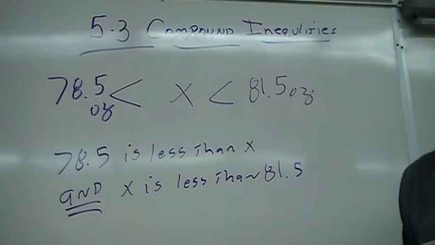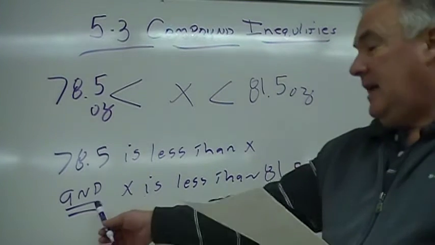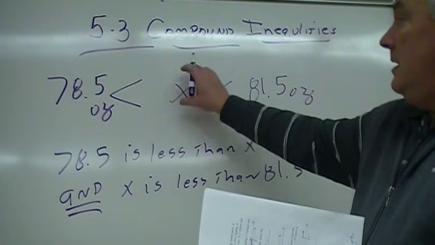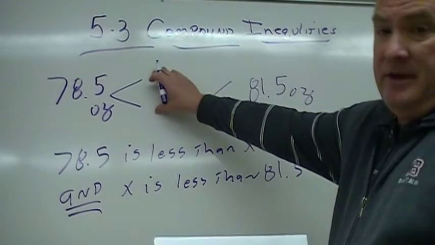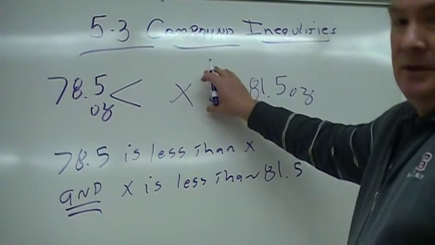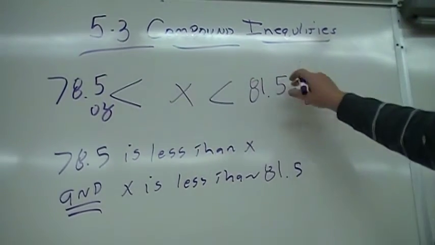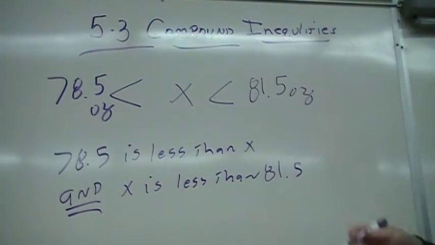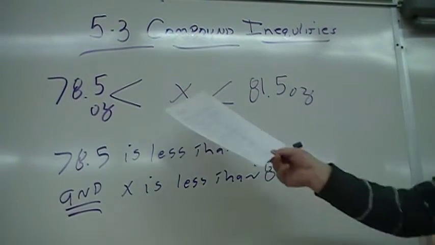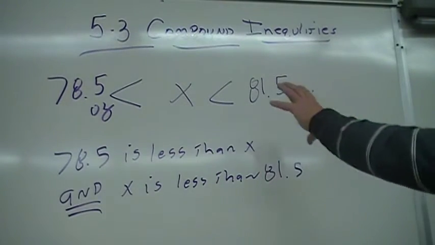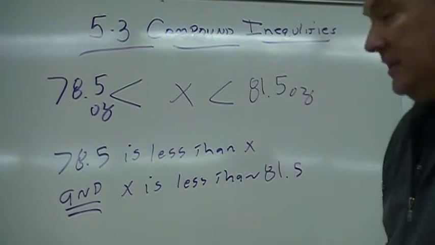So both things are happening, and that's why the "and" is important, and that's going to be our key word today. X has to be greater than this and less than this. It can't be just greater than 78.5. It has to be greater than 78.5 and less than that, so it fits in that range.